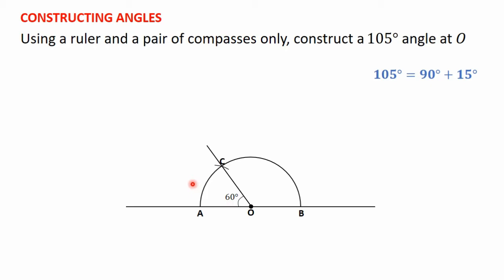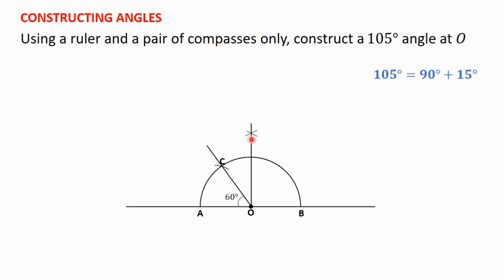Now, let's form a 90 degrees angle by bisecting the semicircle. To do that, we will stand on point A, open the compass to a reasonable radius, and construct an arc here. Then, with the same radius, we will stand on point B and construct another arc to intersect the first arc that we constructed.